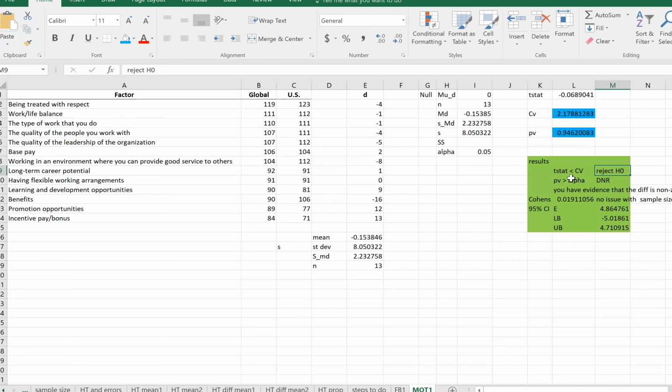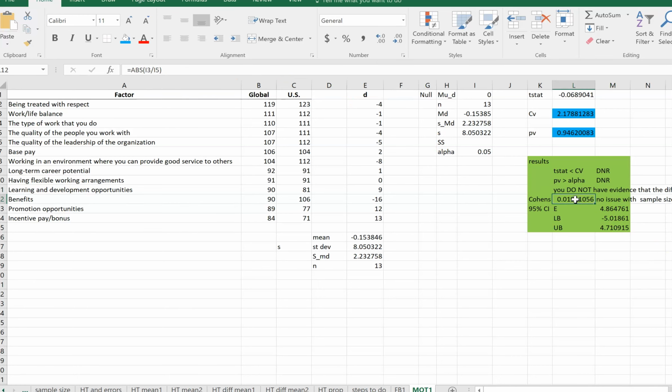My t-stat doesn't come close to that critical value of 2.17 or negative 2.17, and that's why I do not reject, which means, do you have evidence? Nope. You do not have evidence that the difference is non-zero.